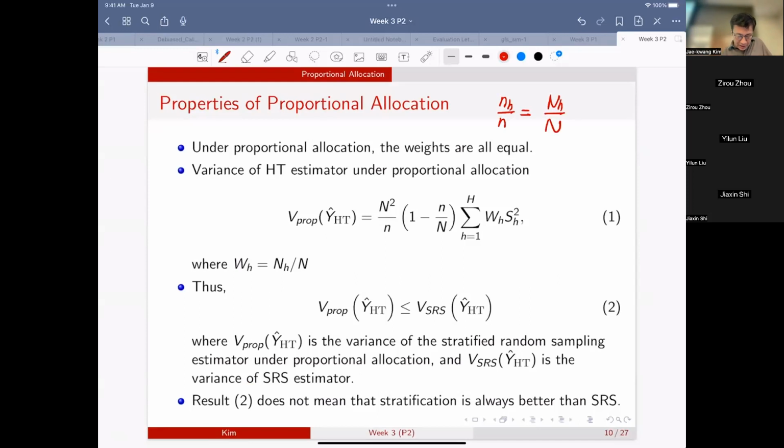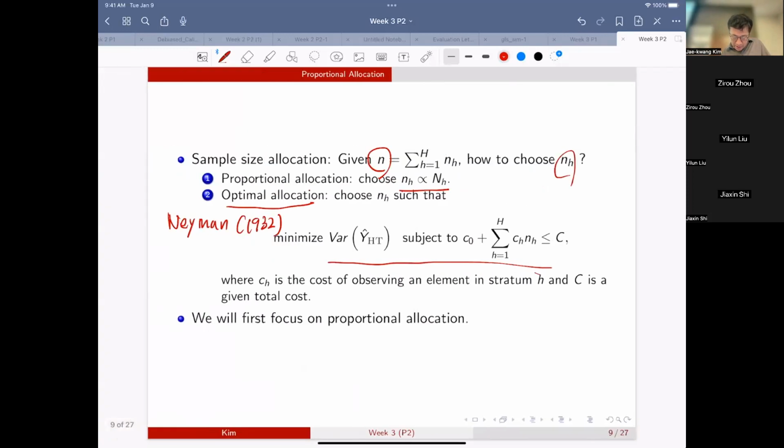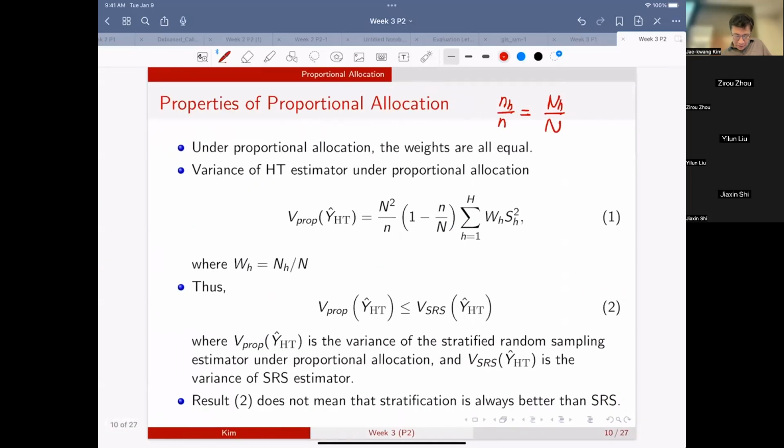One implication is that all weights are equal. What do I mean by that?